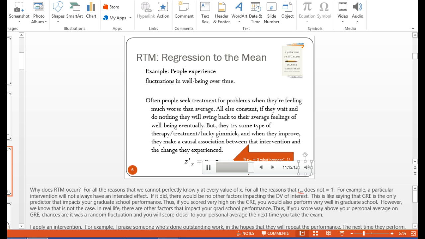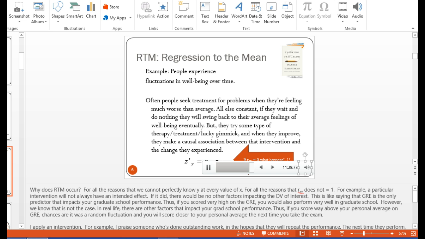So again, when RxY is 0, when that correlation is 0 between the two variables, RTM occurs fully. So there's a full regression to the mean. Any value of X, we're going to get the mean of the DV. When the correlation equals 1, we have no regression to the mean occurring.